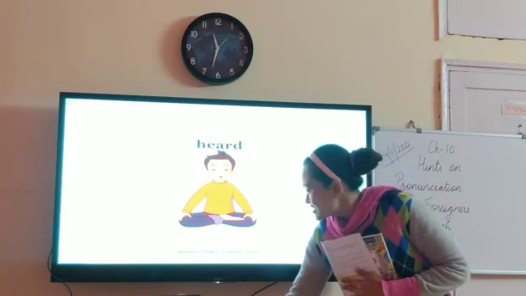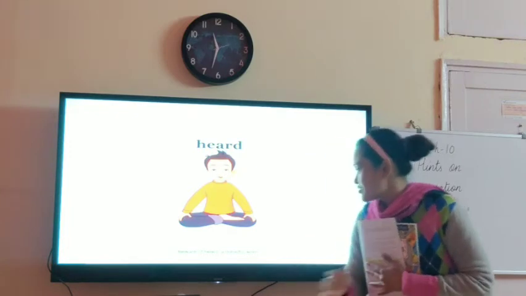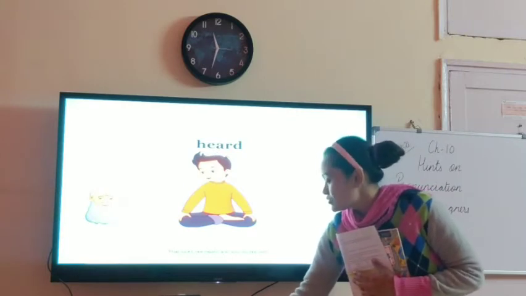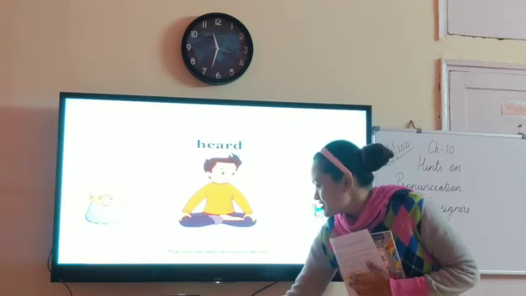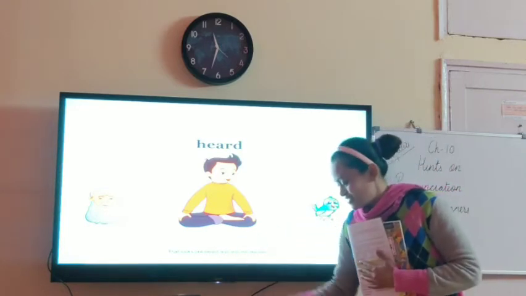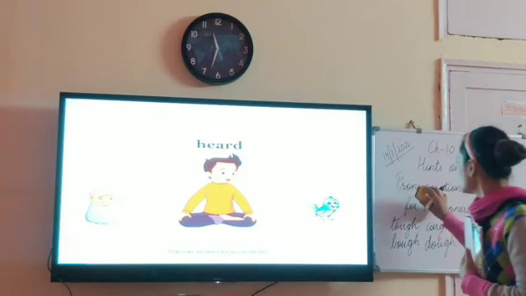Okay, so let's see. We have been asked to be careful of the word herd that looks like beard and sounds like bird. So if you see, children, this particular word herd, if I write over here, one minute.